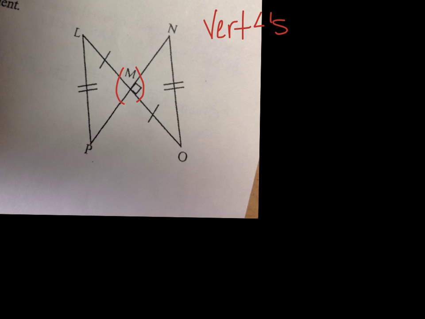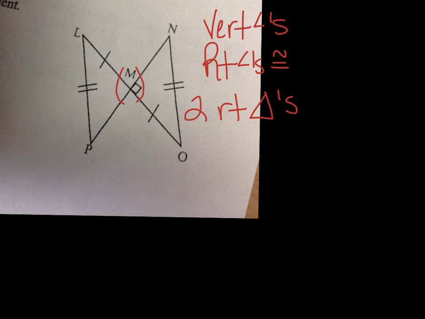And since one of them is a right angle, the other one is a right angle. And we also know that right angles are congruent, okay? So I have two right triangles. Notice now I'm going to have to say I have two right triangles.